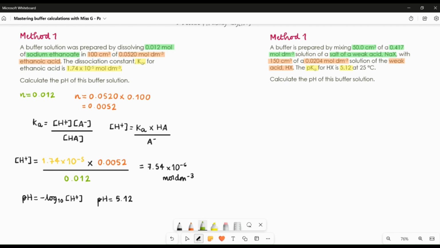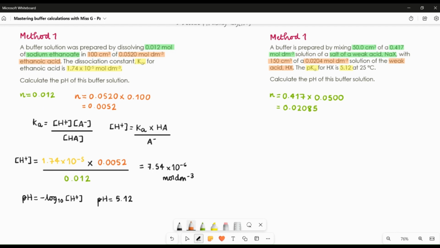So starting with the salt again, the moles is going to be equal to concentration times volume, so 0.417 times 50 centimetres cubed, which I need to convert into decimetres cubed, so 0.05, and that will then give me the moles of the salt of the weak acid, which is 0.02085.